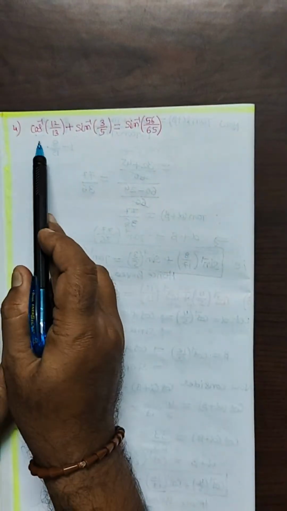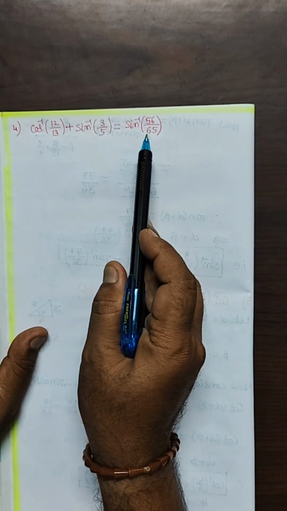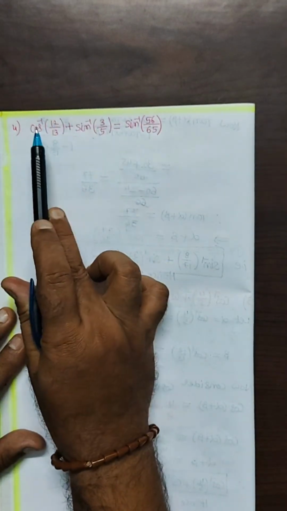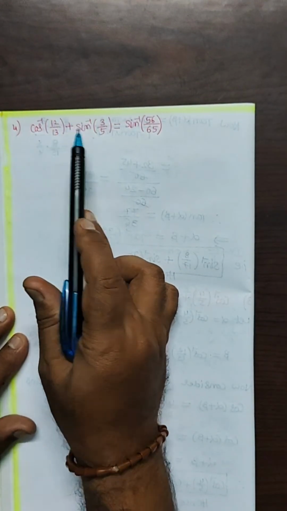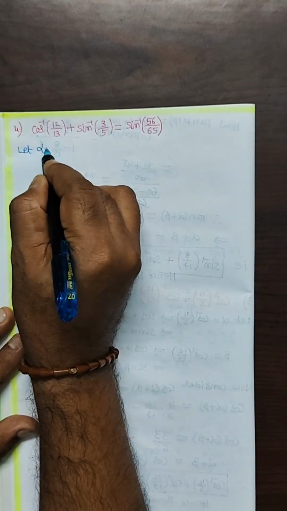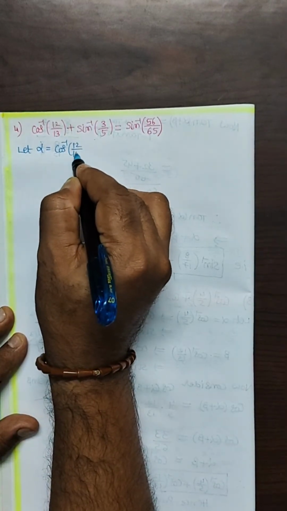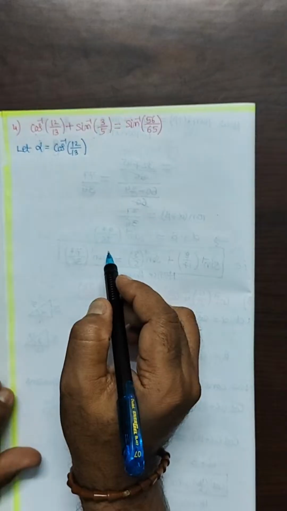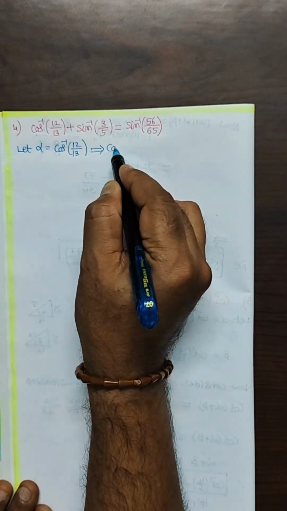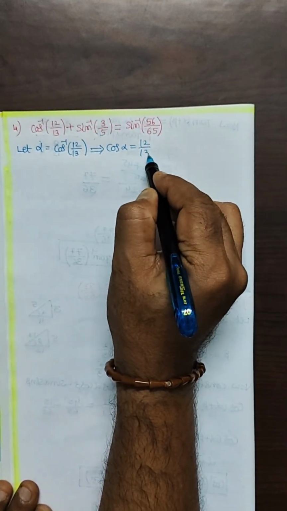So here one is cos, another one is sin. Ultimately sin inverse it is there in the RHS. So this is alpha, this is beta, sin, bring this side, sin will come, sin of alpha plus beta. Let alpha equal to cos inverse of 12 by 13. That implies cos alpha is equal to 12 by 13.